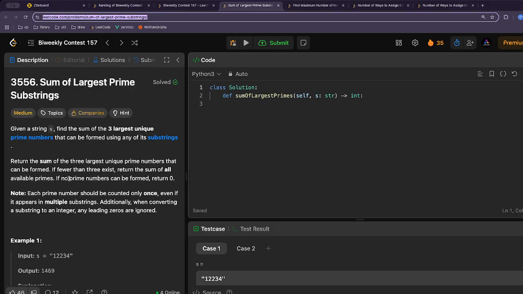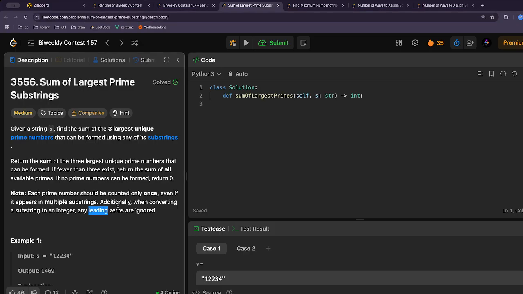Okay, makes sense. Makes sense that the empty sum would be 0. Note each prime number should be counted only once, even if it appears in multiple substrings. Additionally, when converting a substring to an integer, any leading zeros are ignored.